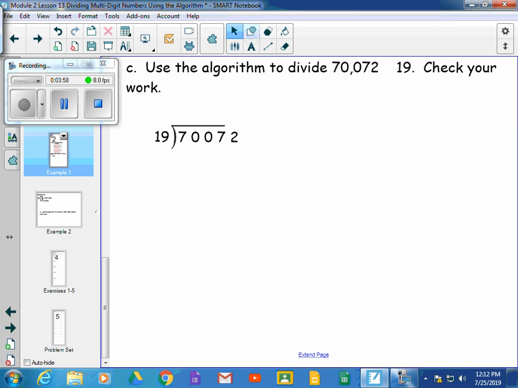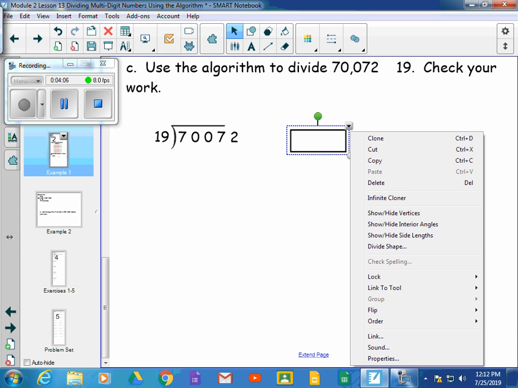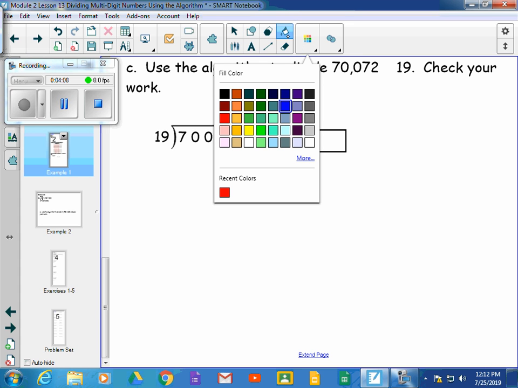So I'm going to start, with just a little shape here, just to cover some things up. You can use your finger for this.